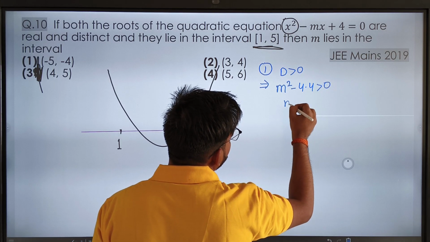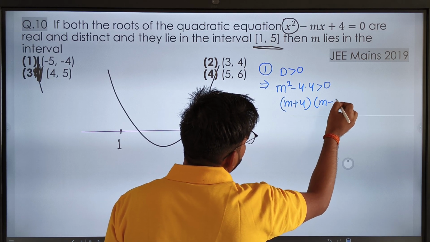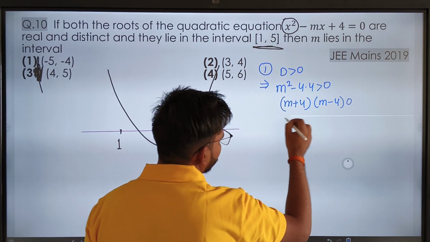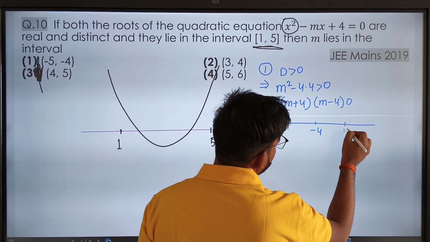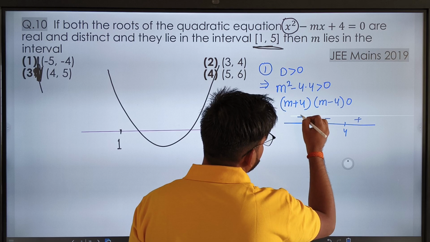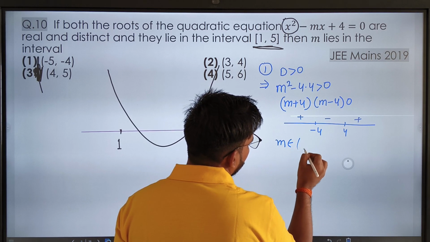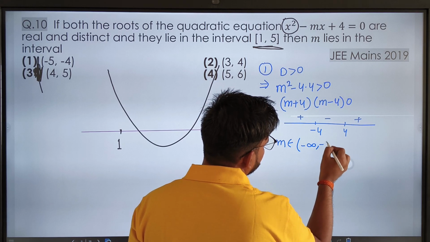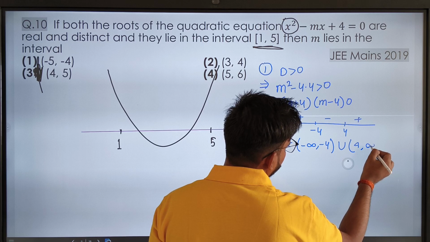It means m plus 4 into m minus 4 is greater than 0. From this we get minus 4 and plus 4, and I think we'll get one value: m belongs to minus infinity to minus 4, union 4 to infinity. Now that is the first result.